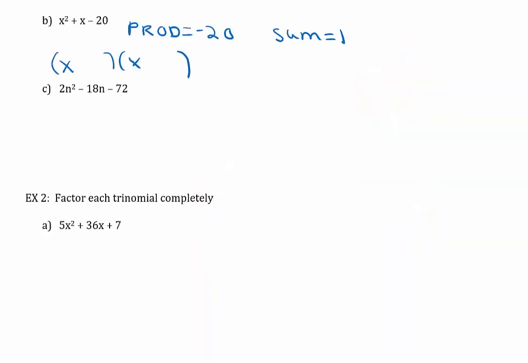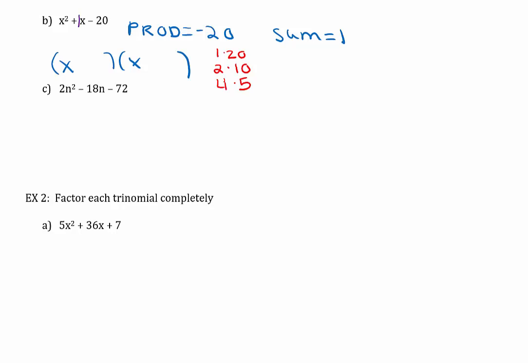Example B, x squared plus x minus 20, trinomial, three terms, starts with an x squared. So I can factor this as two binomials, both starting with x's. And then the numbers that go in the parentheses have to have a product of negative 20 and a sum of 1. So I start with the product, and I list all the ways I can get a product of 20. 1 and 20, 2 and 10, 4 and 5.